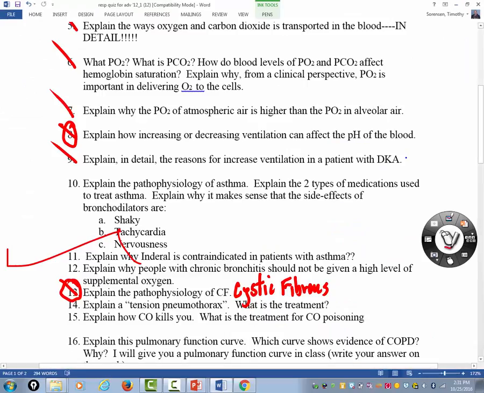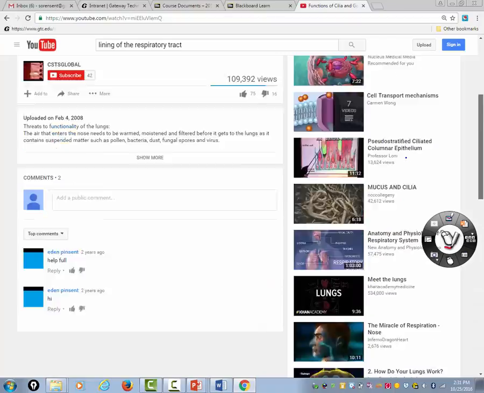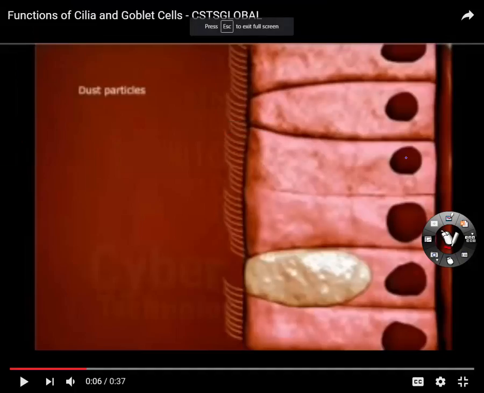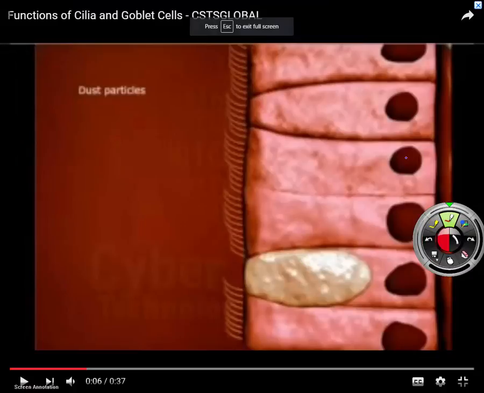So in people with cystic fibrosis, again, these little ion channels, they just rear their ugly head everywhere.